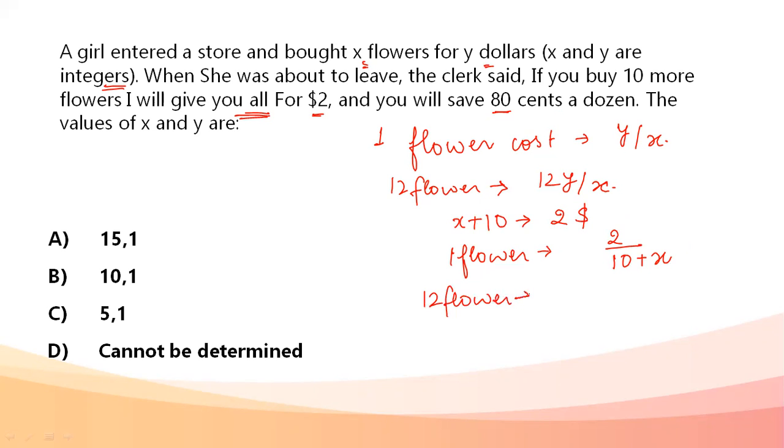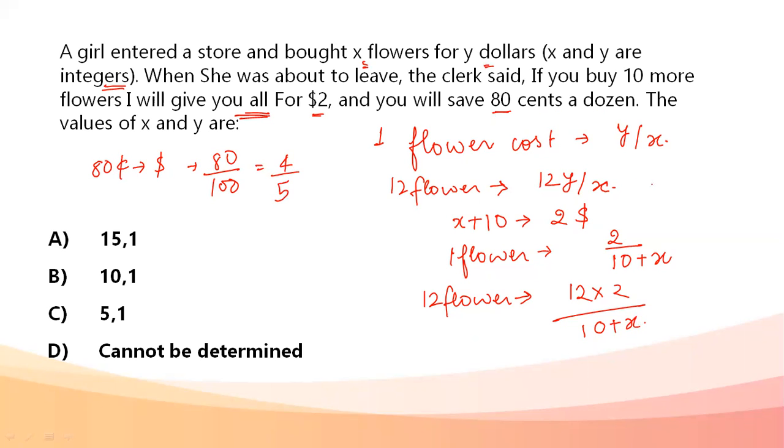Now this is the new costing. The new cost of 12 flowers will be 12 into 2 upon 10 plus X. Given that you will be saving 80 cents a dozen, 80 cents converted into dollars is 80 by 100, that is 4 by 5.